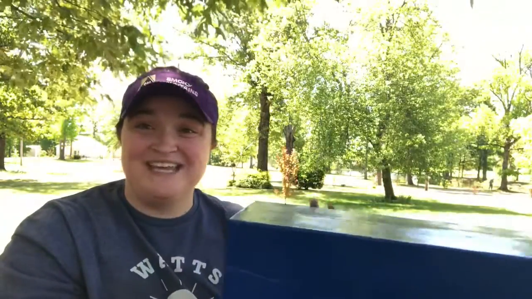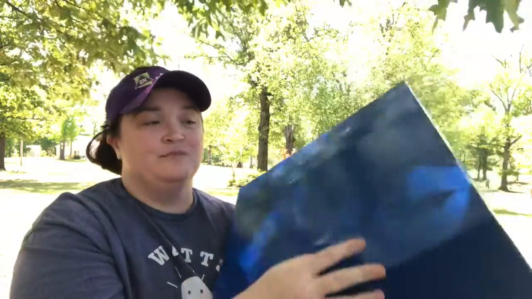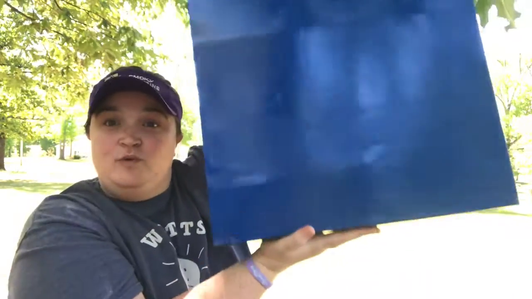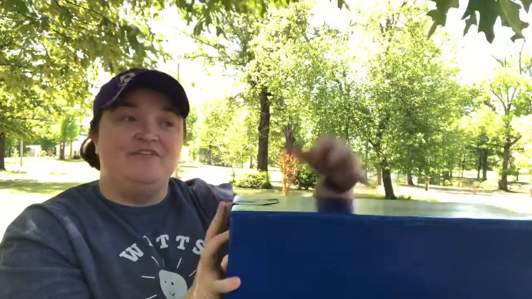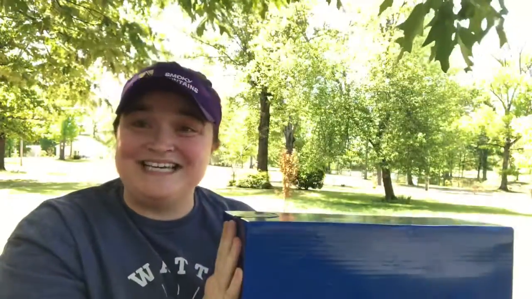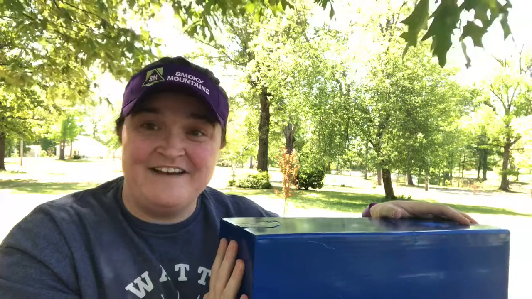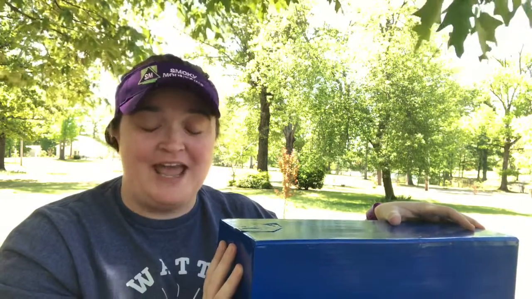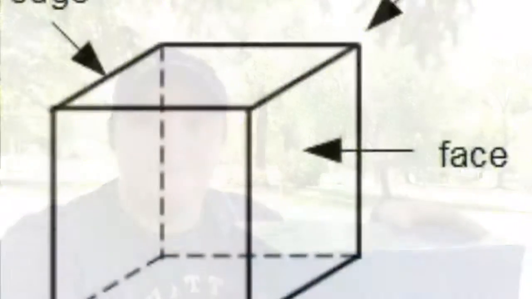So if we just counted the faces, the flat sides, let's go with the big ones first. We'd have 1, 2, and then we'd have 3, 4, if we count the ones on the bottom, 5, 6. It has 6 faces. Faces are those flat pieces on a three-dimensional shape.